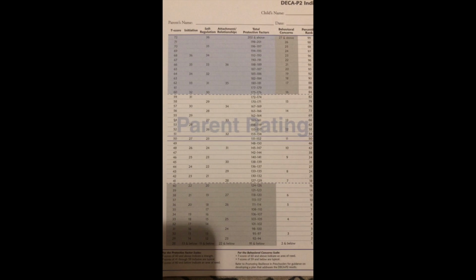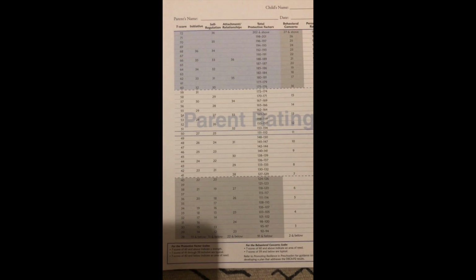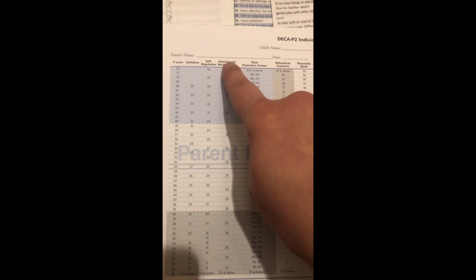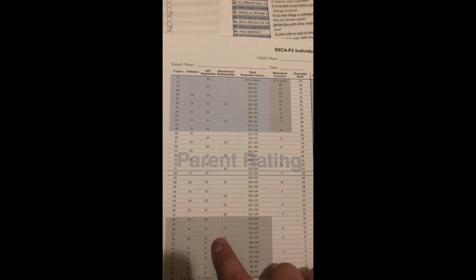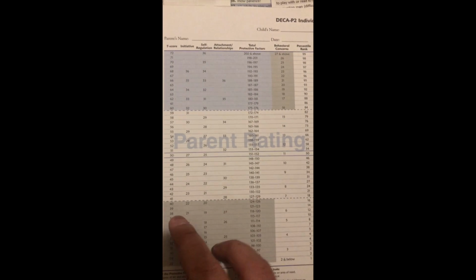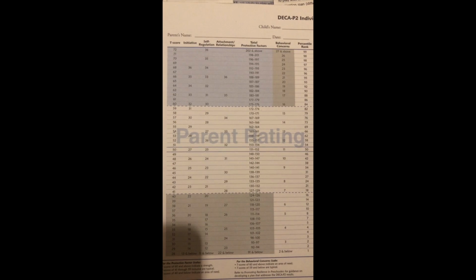Lastly, if someone, like a parent who did not have a very serious background in scoring, did not understand that this was the raw score column for each one of these, they would not know how to calculate the T-score. Because it does not say self-regulation raw score, I found that as a minor setback.